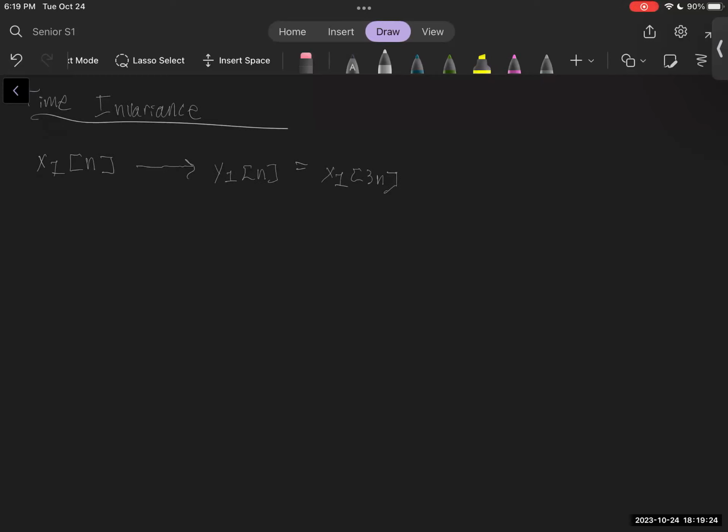So now we can compare our output to a shifted input. So we're going to let x2 of n be equal to x1 of n minus n naught. That's going to give us y2 of n.